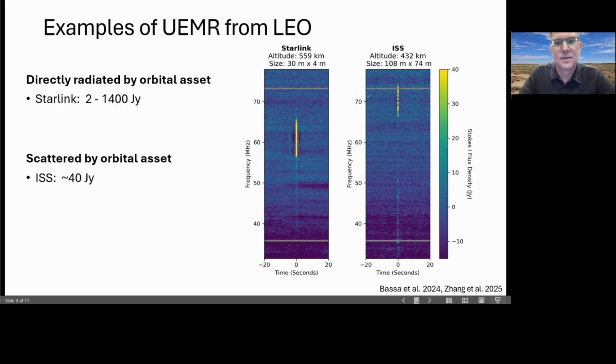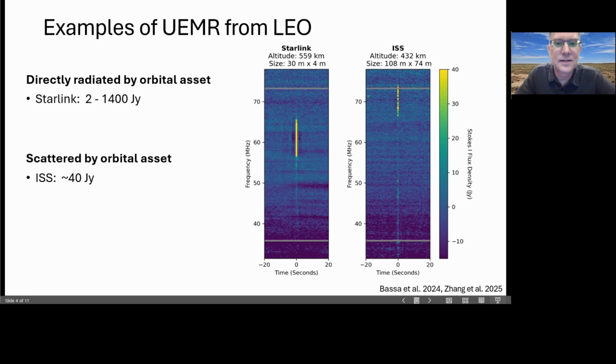And so the next question was, do satellites orbiting Earth leak radio waves? And the answer is yes. There's one example here. The plot on the left is of a Starlink satellite, with time on the x-axis and frequency on the y-axis.